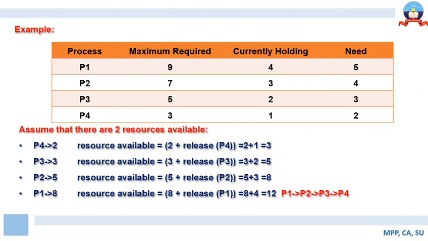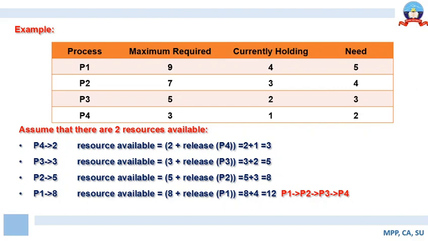So after completing its execution, P4 will not only release the 2 resources that were assigned to it, but it will also release the resources that it was holding prior to it. So prior to completion, P4 was holding 1 instance of resource, so it will release that as well.